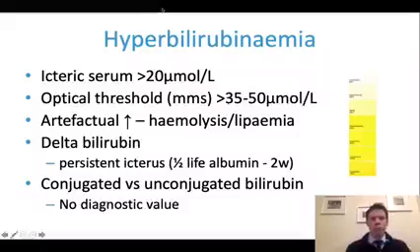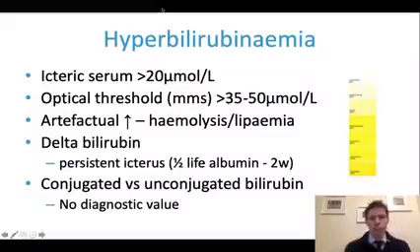And worth remembering that there are things that will artifactually push your total bilirubin up on certain analyzers, and these might include hemolysis or lipemia. So if you notice a significantly hemolyzed or a lipemic sample, do take with a pinch of salt your bilirubin reading.